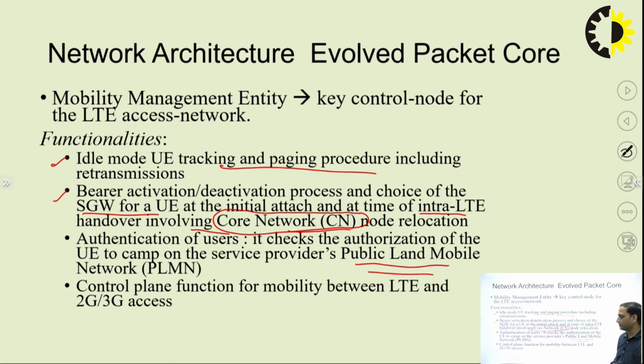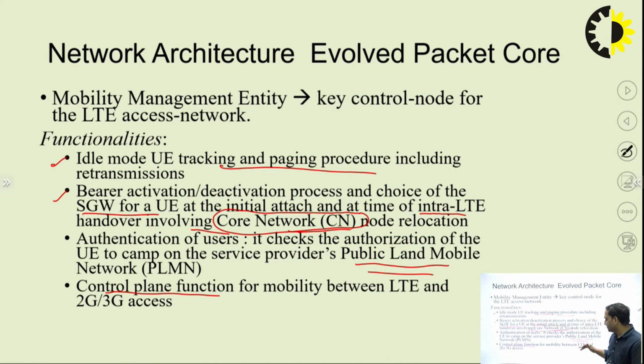Then we have the control plane functionality for mobility between LTE and 2G and 3G access. This control plane is used for accessing previous generation networks like 2G and 3G, accommodated with the 4G network. As I said, 2G and 3G cannot support the 4G network, but the 4G network can support 2G and 3G networks.